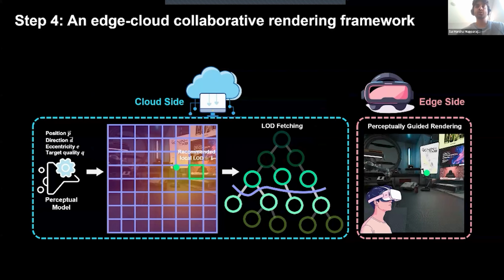To further reduce the load on the edge MR device, we propose moving all the heavy lifting of heat map prediction, frustum culling, and LOD fetching to the cloud, and only leave the perceptually guided rendering on the edge.